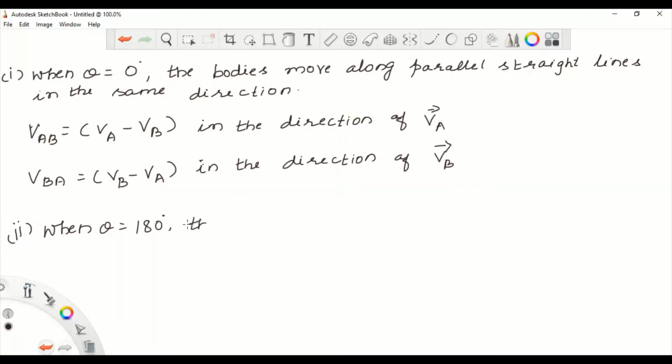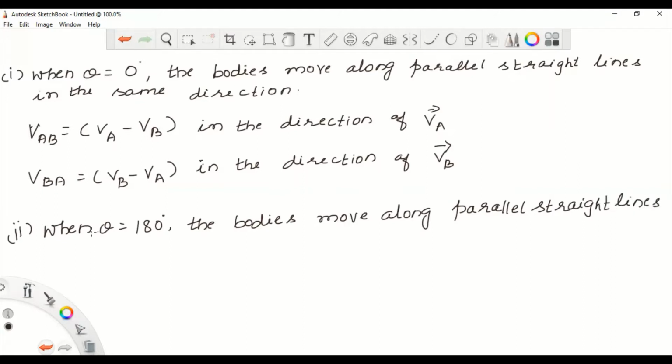The bodies move along parallel straight lines but in the opposite direction. The opposite directions.